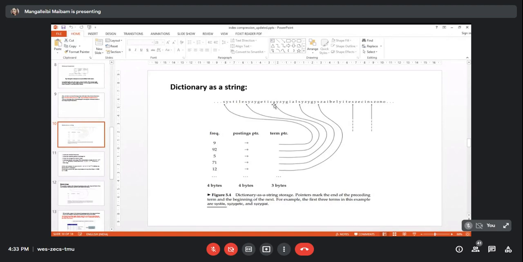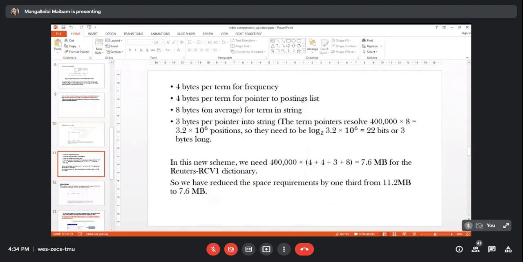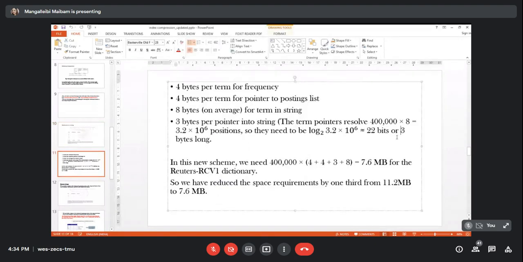For giving this pointer, we require 3 bytes. How do we say the term pointer requires about 3 bytes?